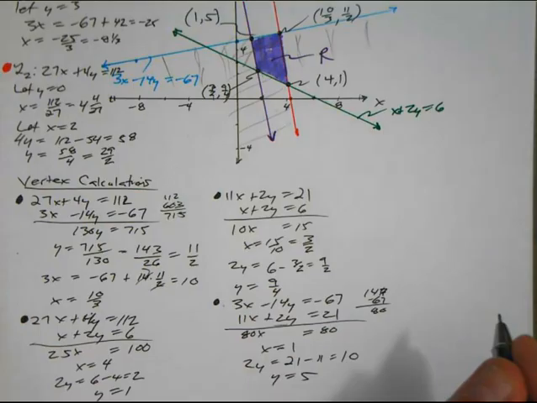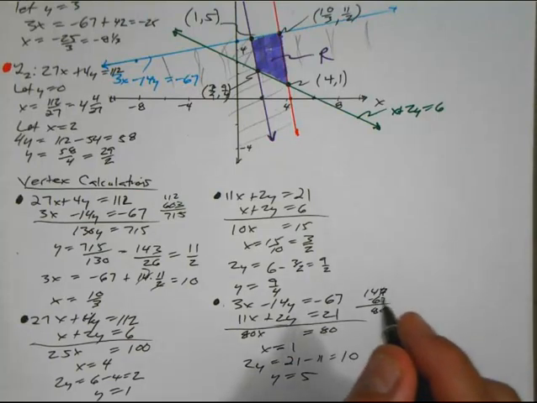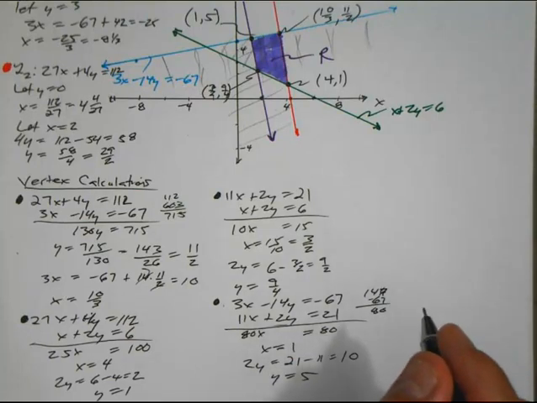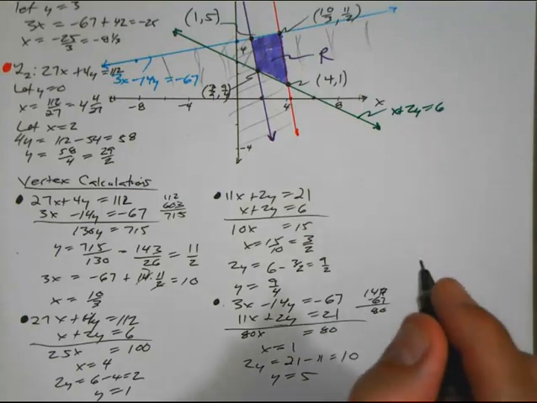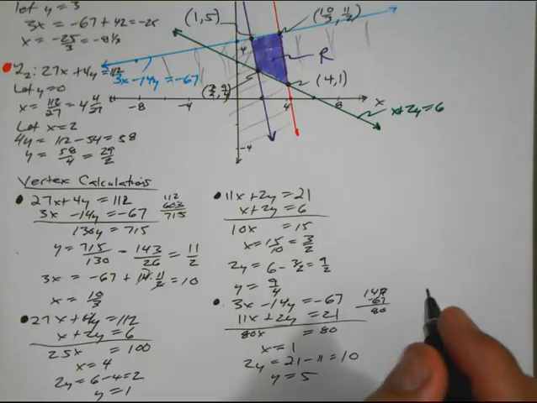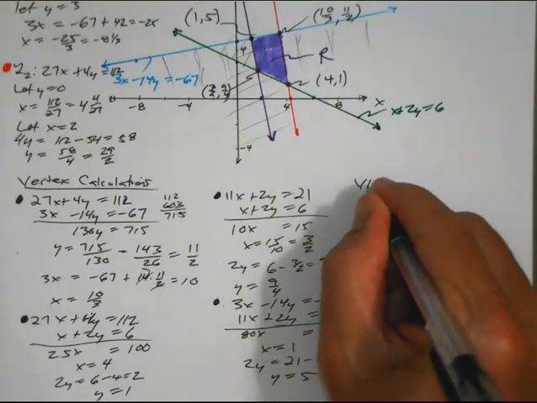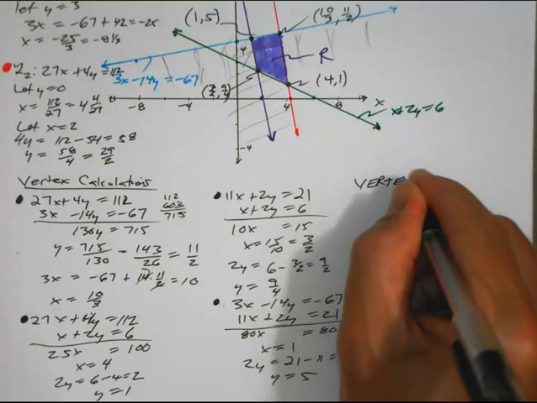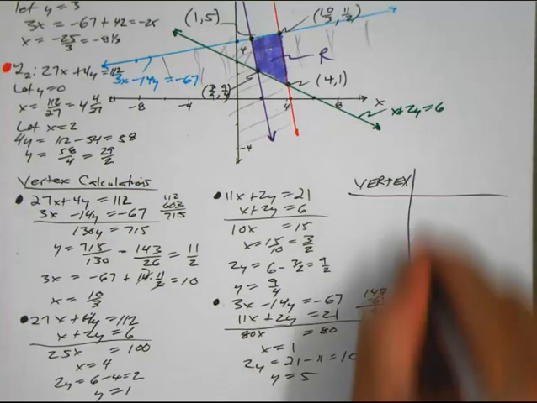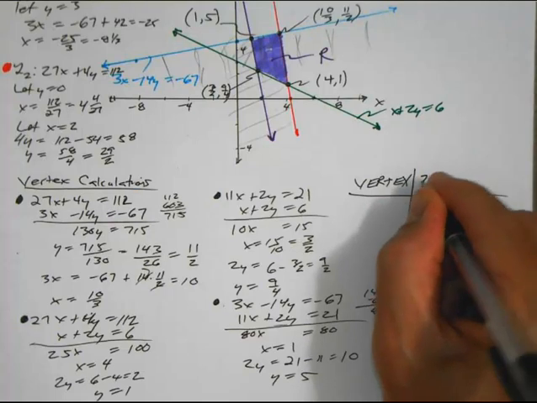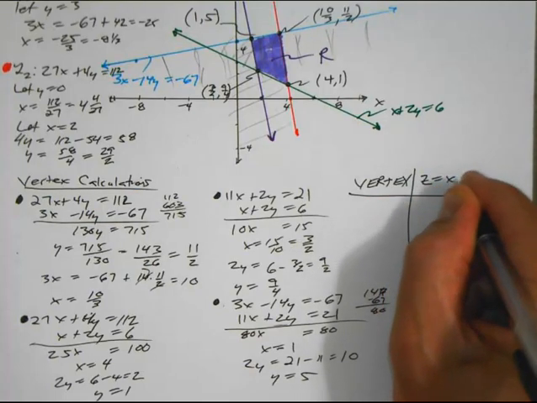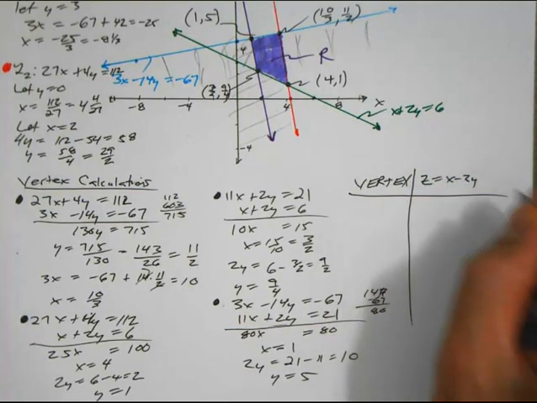Okay, we have got all our vertices. Now, in the spirit of linear programming, we know we should be evaluating the z function value at each vertex and choose, in this case, the minimum. Okay, so here we go. We set up a little table: vertex and z equaling x minus 2y.